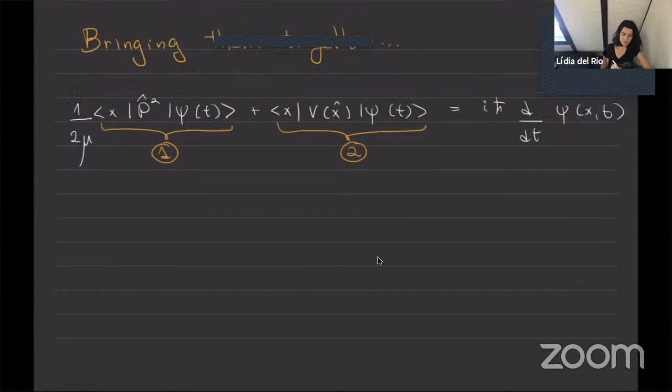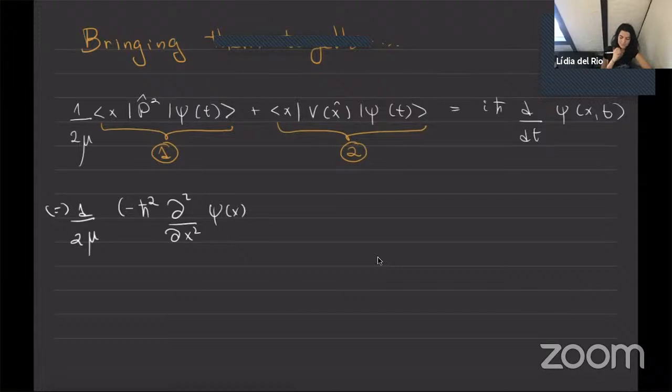With the things we already computed, what we get is 1/2 mu, and what we got here was minus h bar squared d squared of psi of x plus v of x psi of x.